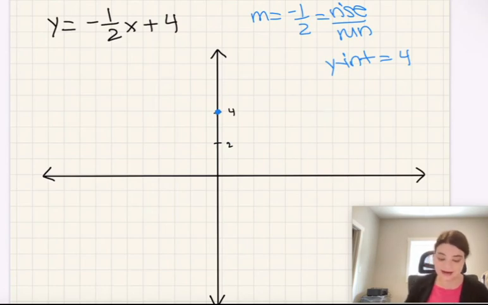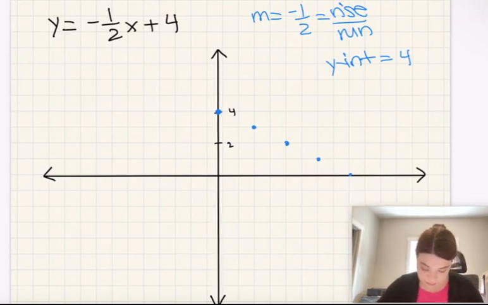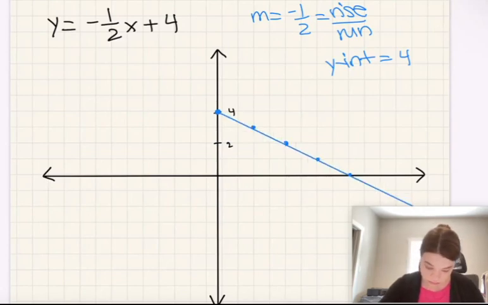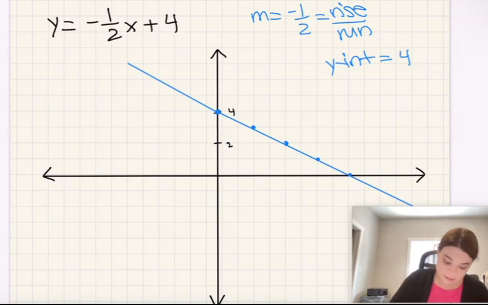And then we have -1/2, so we're going to go down 1 and over 2, right? Rise is -1, run is 2. So down 1 and over 2 would be right here. And then same thing, down 1 over 2 for the rest of this. And then we're just going to draw some arrows. And there we go.